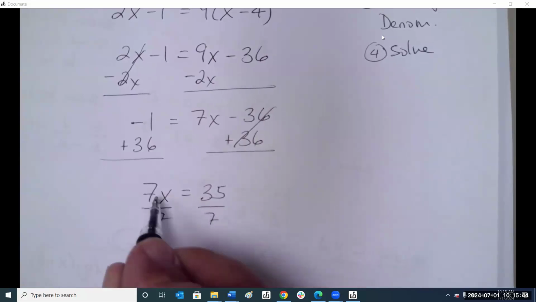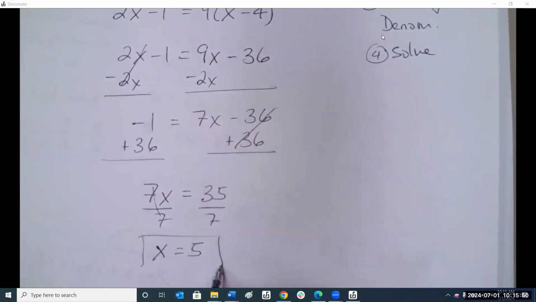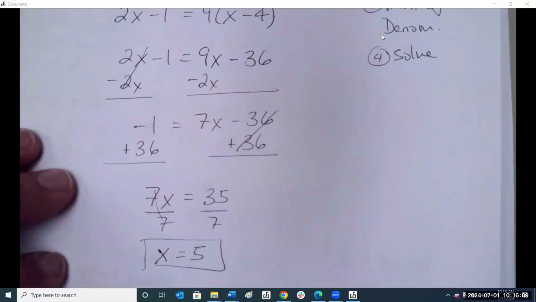Divide both sides by 7. 35 divided by 7 is 5. But we're not done. Always check your answer.